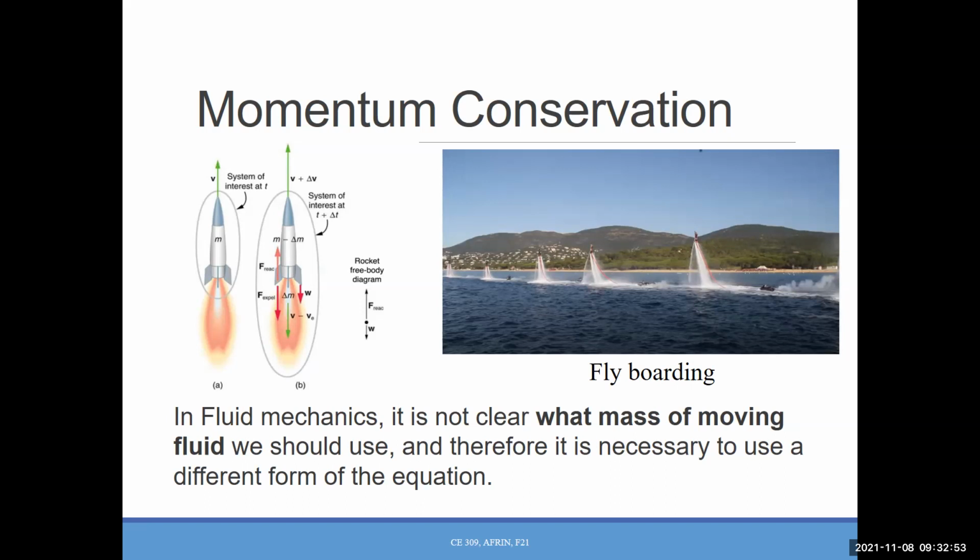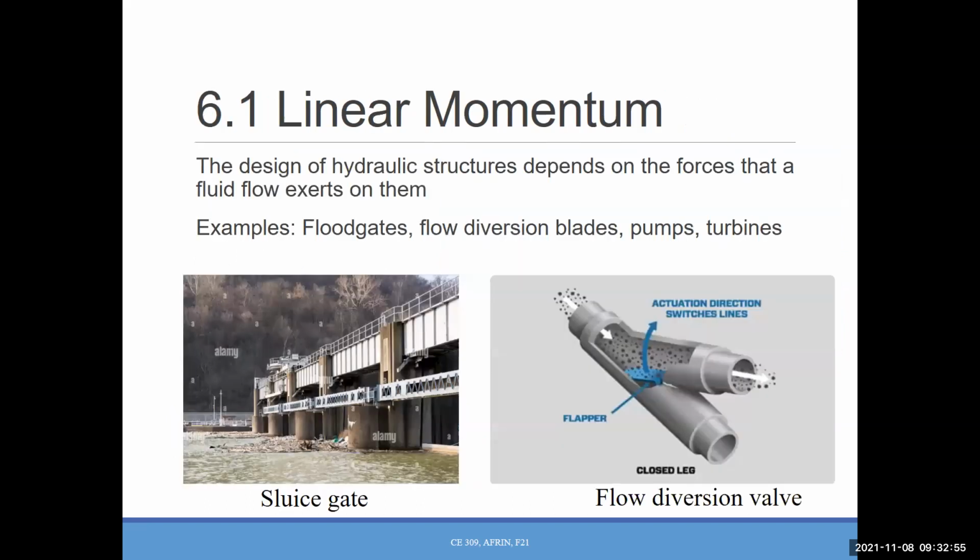You will see that. Now the next question is, why should we know about this one? There are hundreds of things we know, but for this class, why should we know this one? The momentum equation is important to know the force for moving fluid.